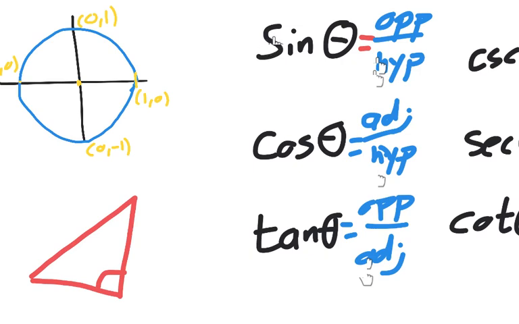Then I had a chemistry teacher that taught me one that I remembered: some old hippie caught another hippie tripping on acid. However you remember it, I don't care. You've got to remember sine is opposite over hypotenuse, cosine is adjacent over hypotenuse, tangent's opposite over adjacent.